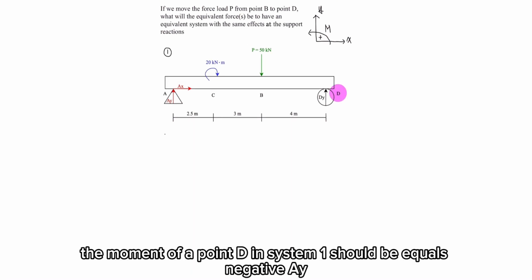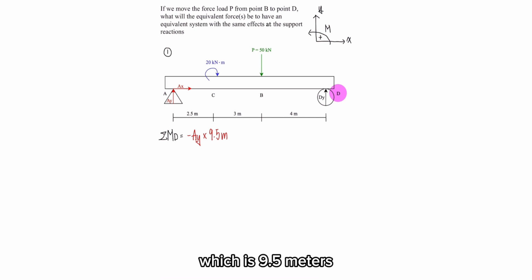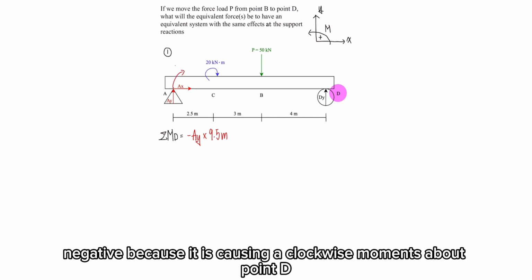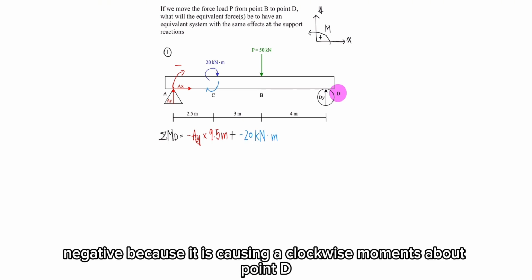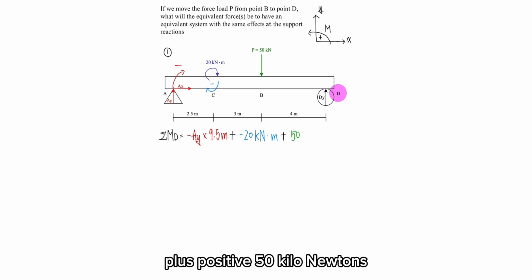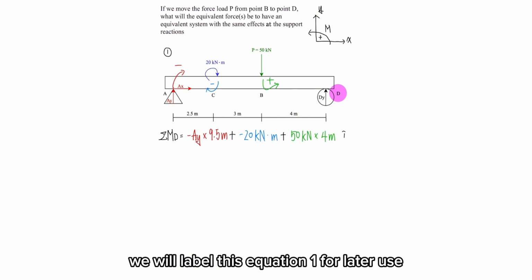The moments about point D in system 1 should equal negative AY multiplied by the perpendicular distance from point D, which is 9.5 meters, negative because it is causing a clockwise moment about point D, plus negative 20 kilonewton meters, negative because it is causing a clockwise moment about point D, plus positive 50 kilonewtons multiplied by 4 meters, positive because it is causing a counterclockwise moment about point D. Don't solve the equation yet. We will label this equation 1 for later use.